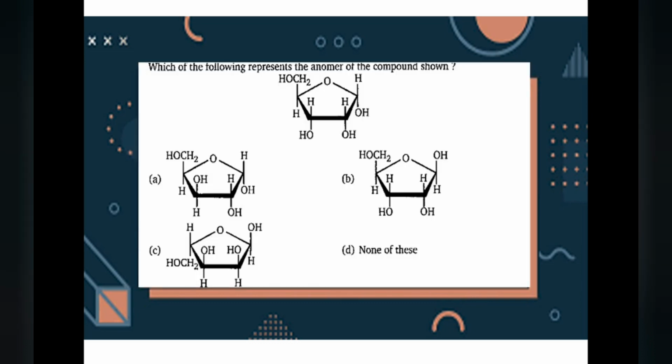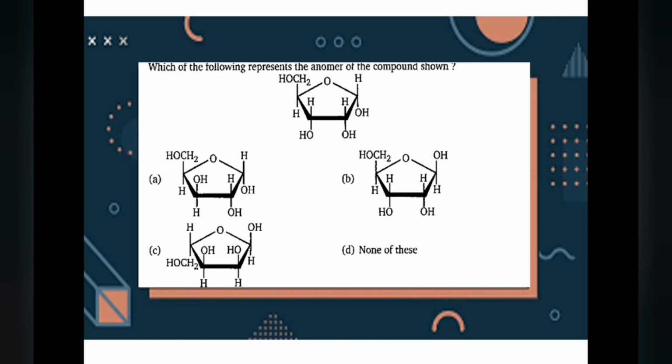Here you can see a few structures, and the question asks which of the following represents the anomer of the compound shown. So what is an anomer? It is a type of geometric variation found at certain atoms in carbohydrate molecules, in cyclic monosaccharides or glycosides. Here you can see four choices.